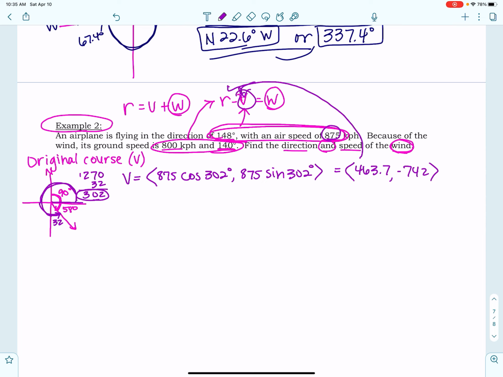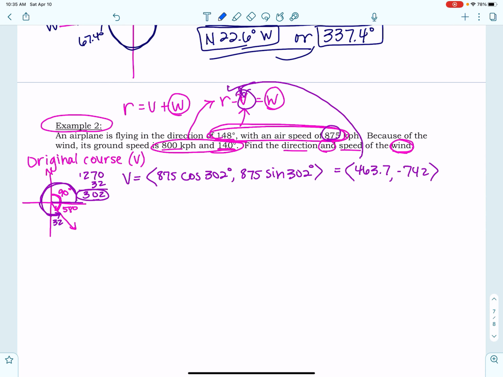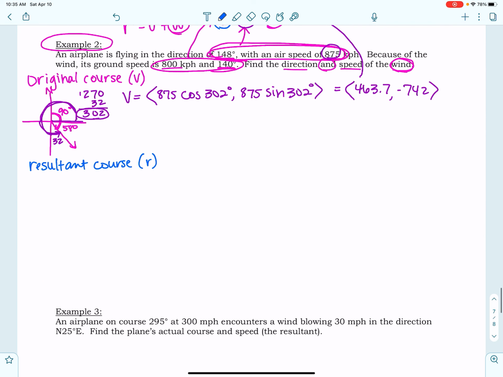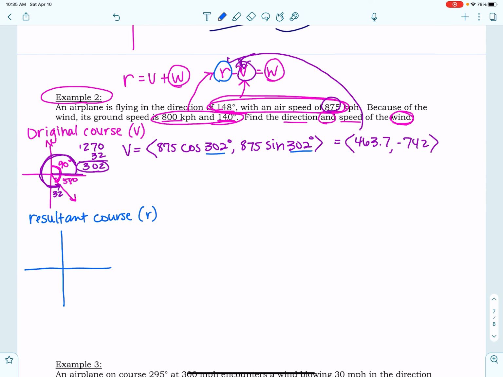All right, the next thing we're going to do, and I'm going to switch colors here, we are going to find R. R is going to be the resultant course after the wind acts on it. Again, we need to find our direction angle because we have to have the direction angle in our velocity vector. So we have 800 kilometers per hour at 140.